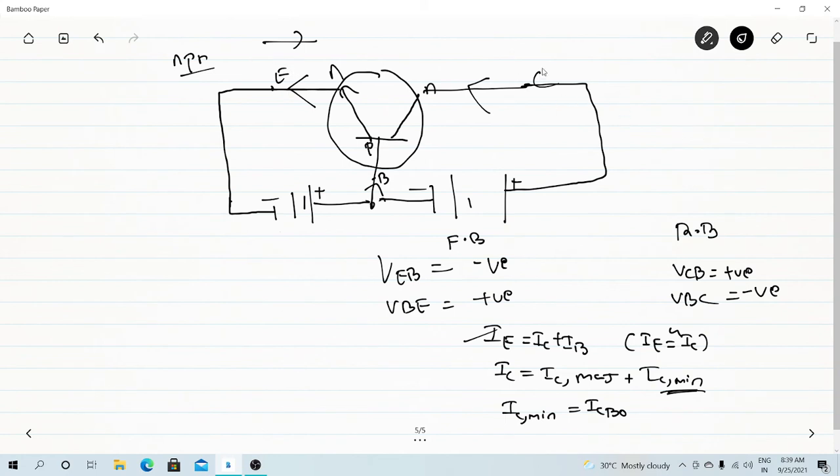If you see this case also, the direction was like this, and now it is basically opposite. And for the base also you can see it was like this, now it is opposite. So these are the things that I would like to mention. The direction of the current will be opposite, just very few changes.